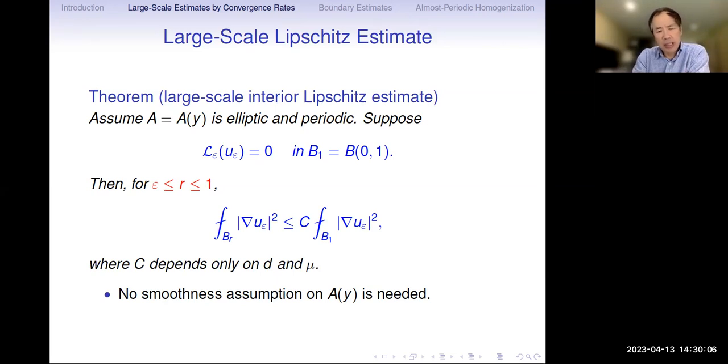In particular, it does not depend on the parameter epsilon. And what's more, for this large scale estimate, no smoothness condition is required. The coefficient A is just bounded measurable, and of course elliptic and periodic here.